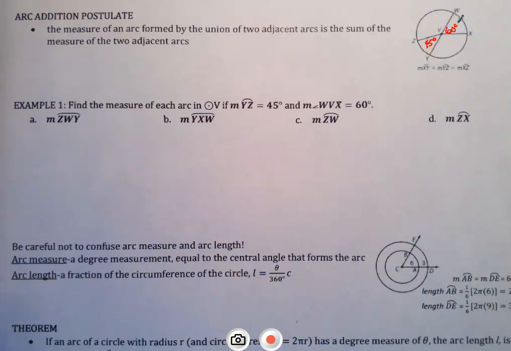Why did I put this 45 degrees inside there when this said this is the measure of the arc YZ? Why'd you put the 45? Because that's the degrees of the interior. Yeah.